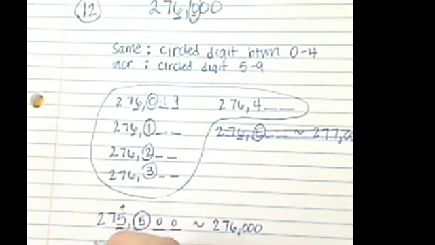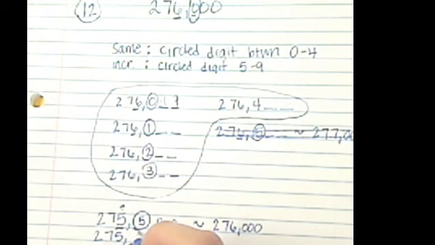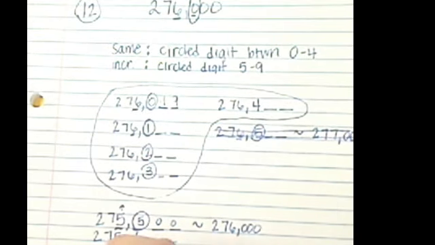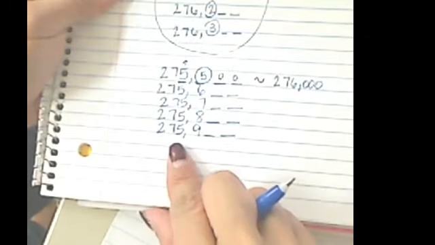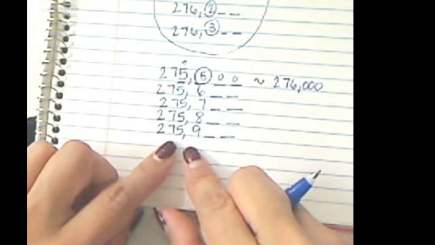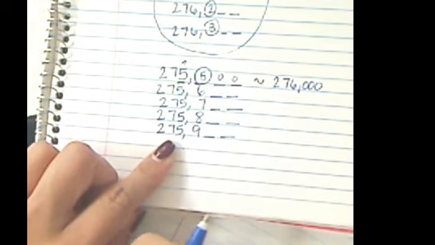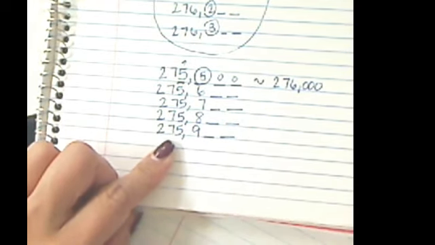So that means 275,600 something, 275,700 something, 275,800 something, and 275,900 something, all the way up to 275,999. I see that's too low. Let me just kind of bring it up. Okay, so all of these will round to 276,000, which is what Sabrina estimated.